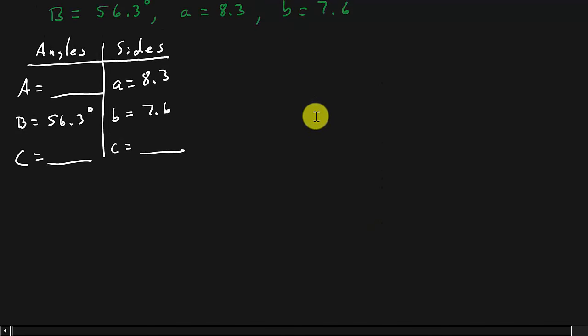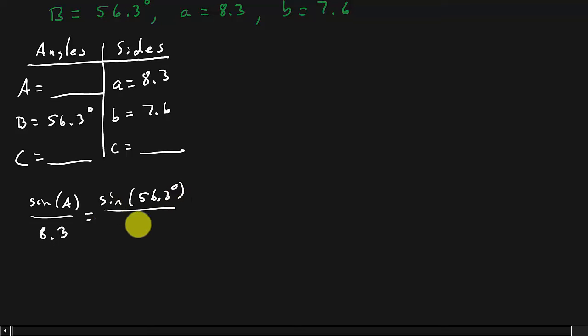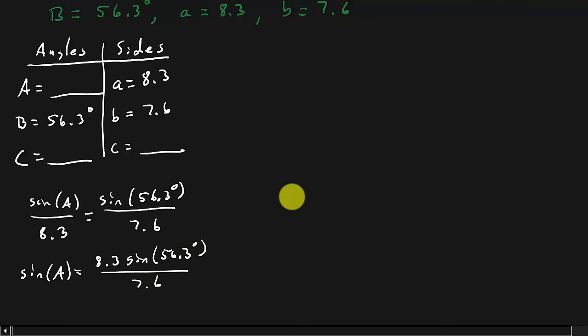And so when we use the law of sines, I'm going to solve for angle A first. So I've got the sine of A over side A is equal to the sine of 56.3 over 7.6. So I get sine A is equal to 8.3 times sine of 56.3 over 7.6.